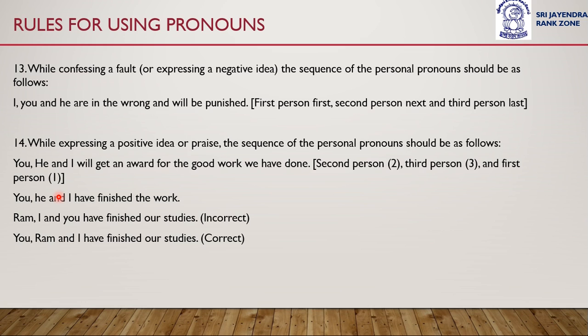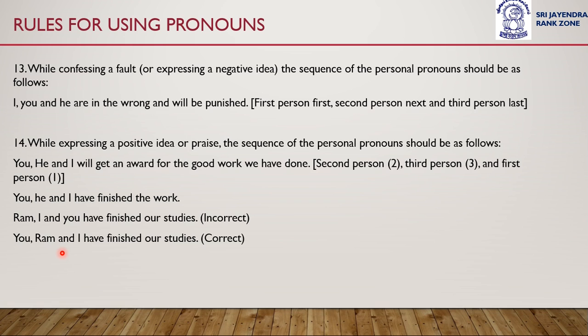Ram, I, and you have finished our studies is an incorrect statement. Why? Because finishing studies is a positive idea or praise, so the sequence must start from the second person, that is you, followed by the third person, that is Ram, and followed by the first person, that is I. So the correct statement would be you, Ram, and I have finished our studies.